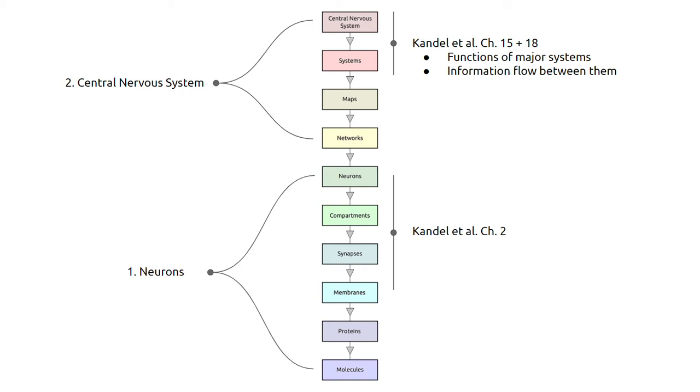There is a spinal cord. What does it do? There's a brainstem. There are some older subcortical structures, and then there's the cortex, and it's got some major divisions in it. That really high-level structure, I think, is useful, and some sense of how information flows throughout the brain.